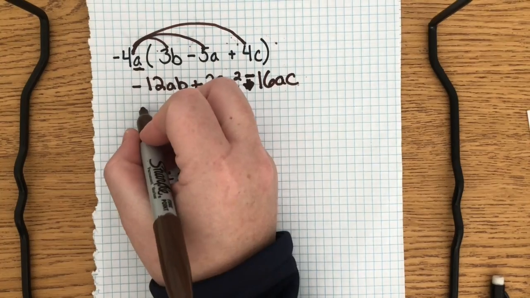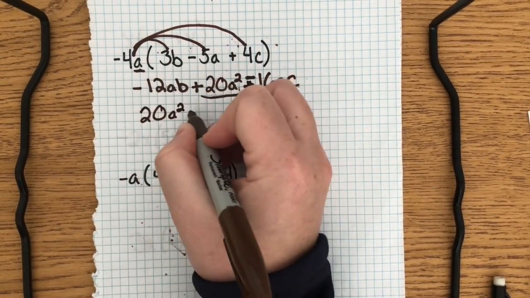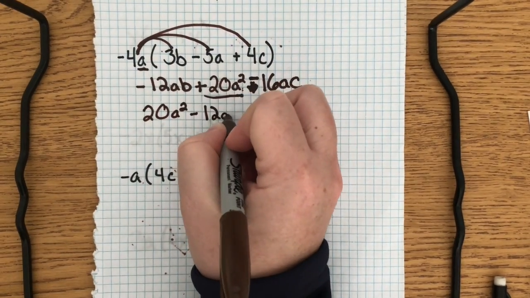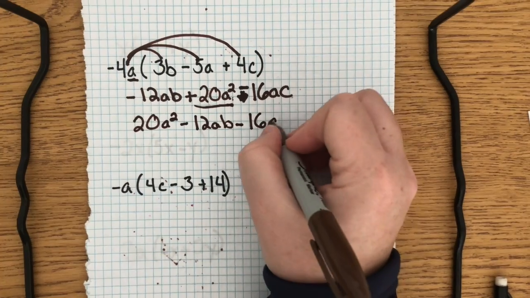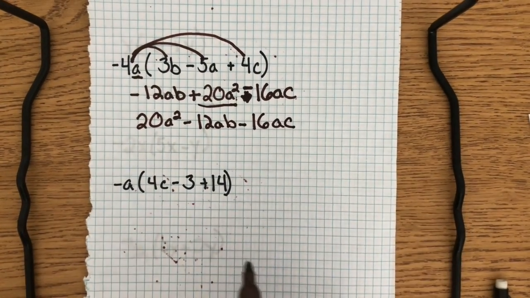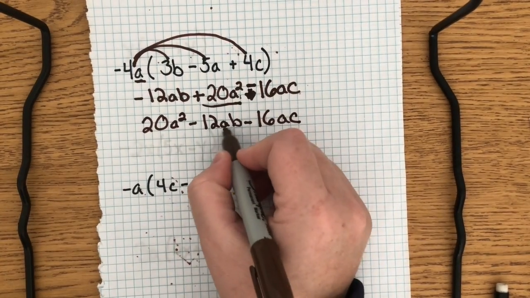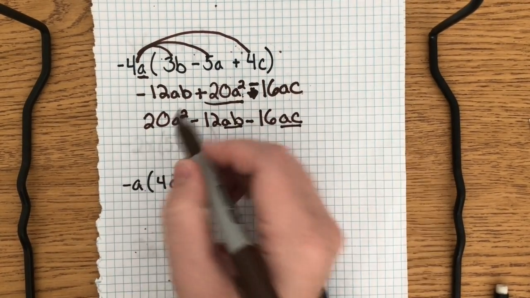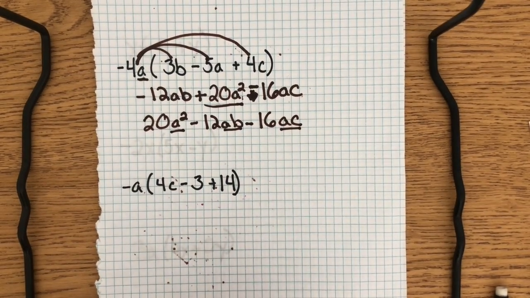So you could rewrite this as 20a squared minus 12ab minus 16ac. Now, the other thing you have to make sure you understand is ab and ac and a squared are all unalike because they do not look like each other.